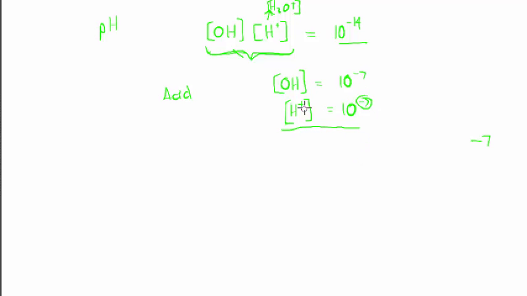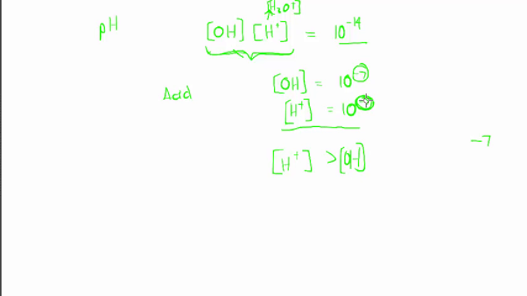And this exponent, if you take away the negative from that exponent, that is your pH. You understand? So if I've added an acid, I will find that this is larger than that.